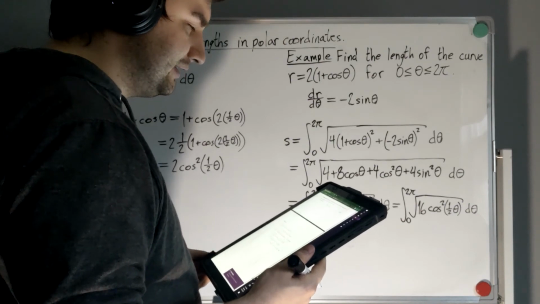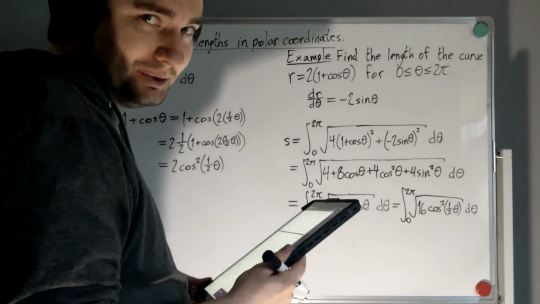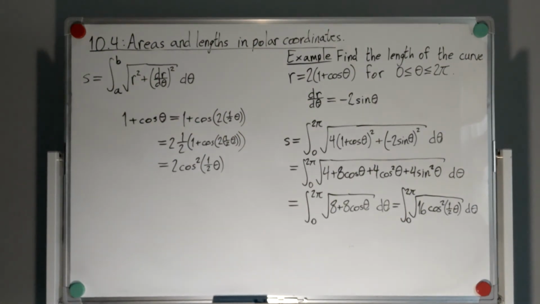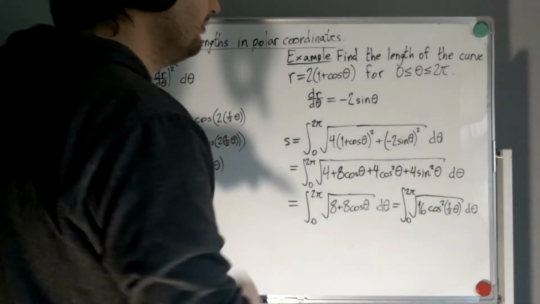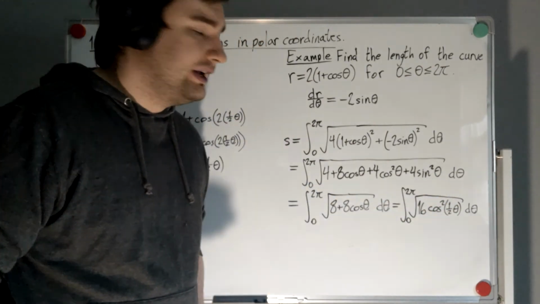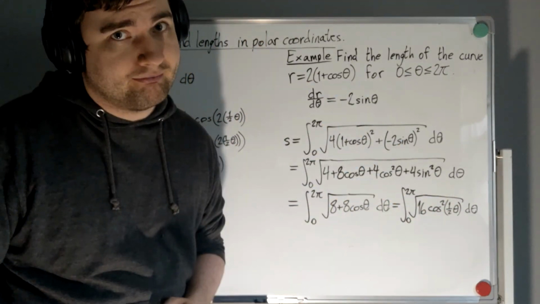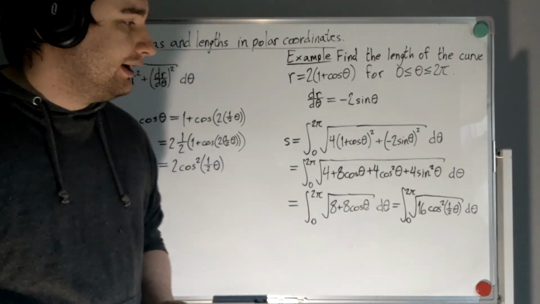The way I did it is, I think, a little opaque though, so I'm going to expand on what I did there. So, here's the problem. Cosine of 1/2 theta is not positive from 0 to 2 pi. Right?